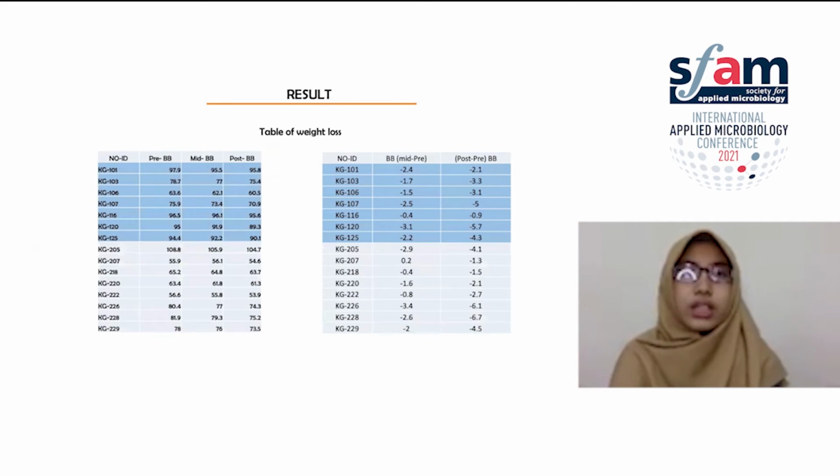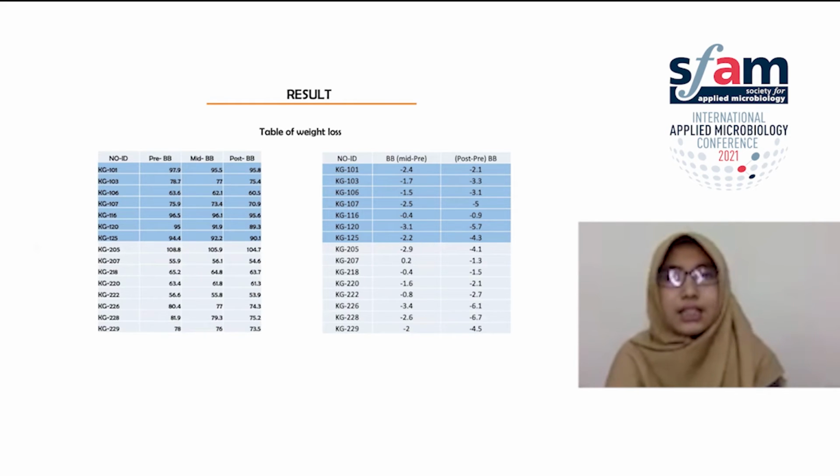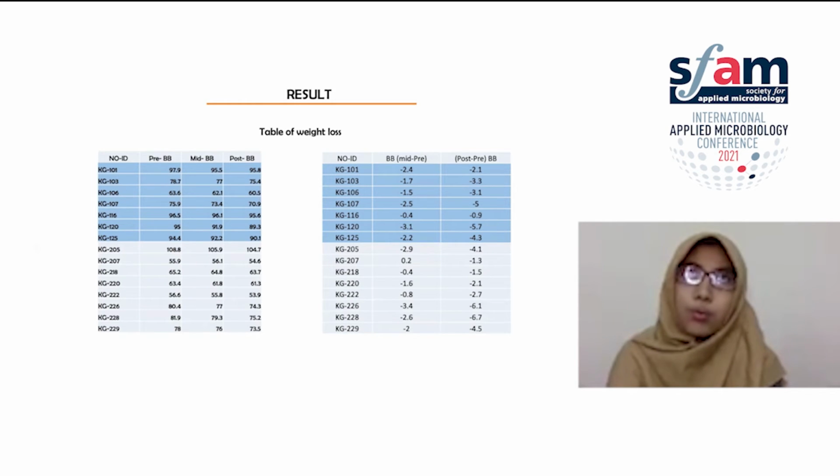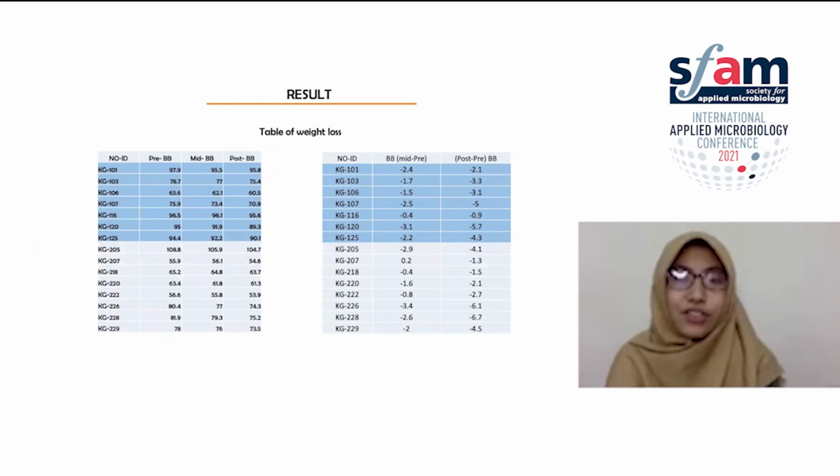And this is the table of weight loss from the pre-test, mid-test, and then post-test. We can see the highest loss of body weight is from group B, KG228, minus 6.7, while the lowest loss of body weight is from group A with just minus 0.9.